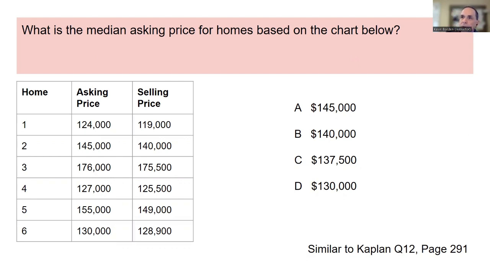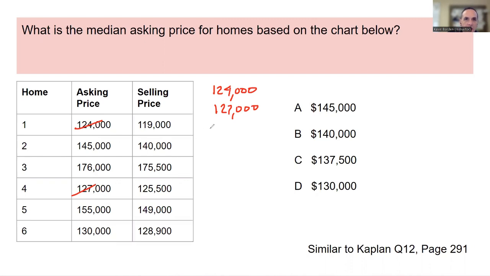All right, as we talked about, unfortunately, when you're finding the median, you really have to get things in order. So I am going to try to put these in order. I found 124 seems to be the smallest number, and then 127 seems to be the next smallest.